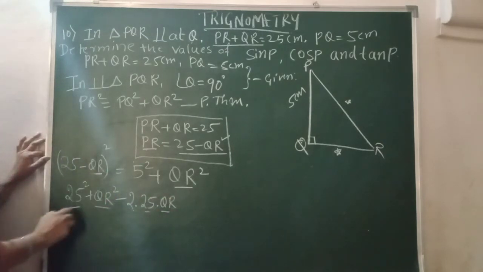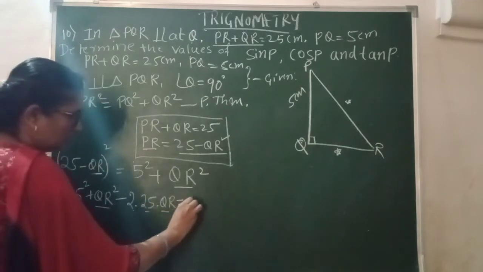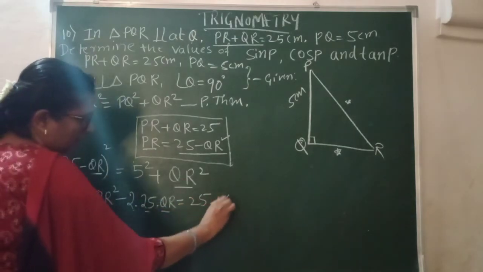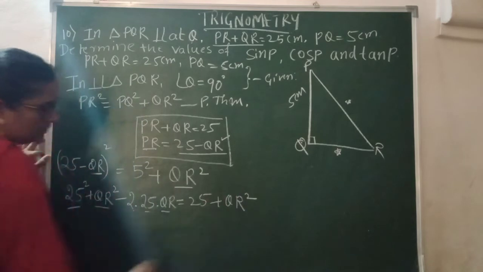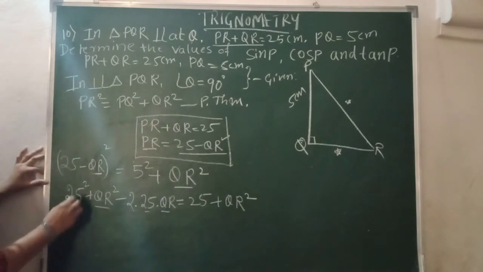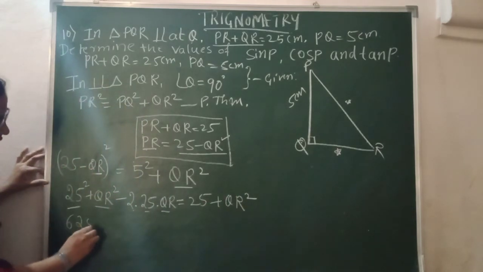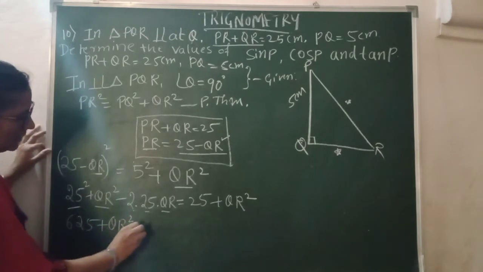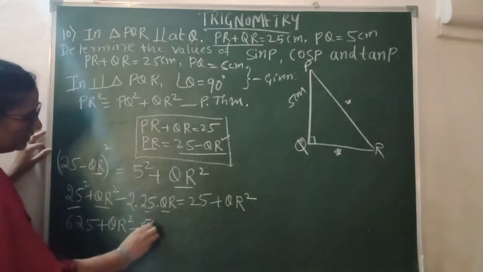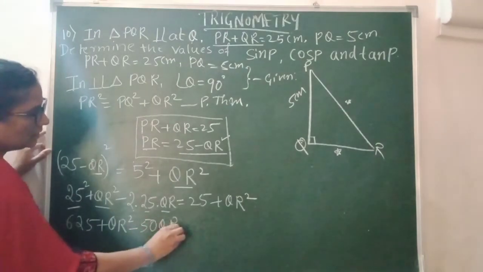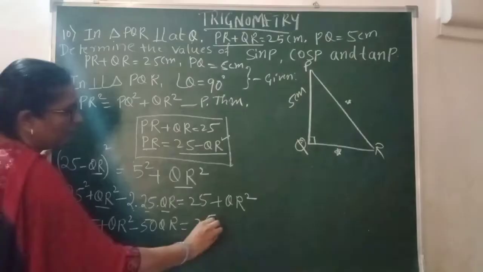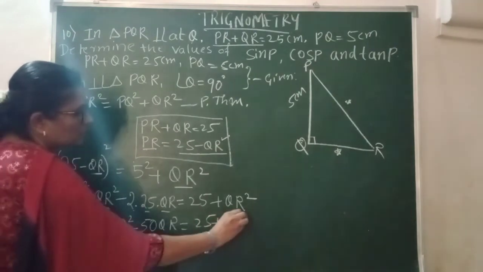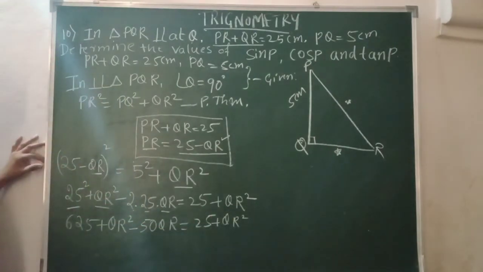So the left side is 25 square, which is 625, plus QR square minus 50 QR, is equal to 5 square, which is 25, plus QR square. What happens here?